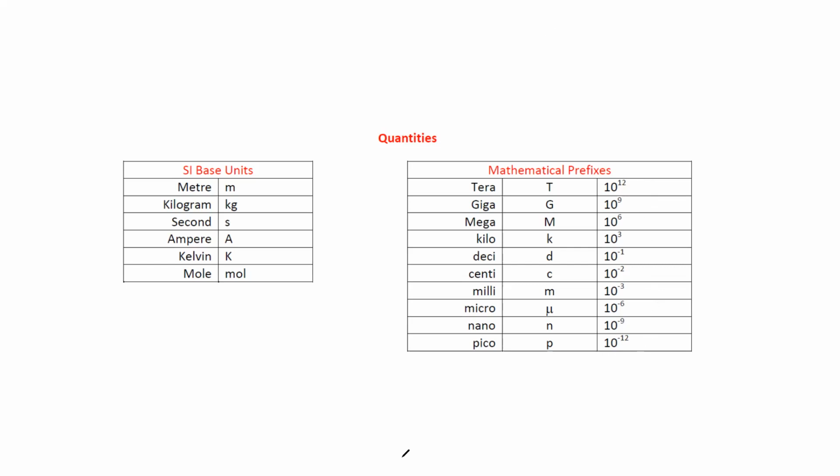When we represent a quantity, we should represent a derived quantity in terms of base units. So how can we represent the derived quantity in terms of base units?